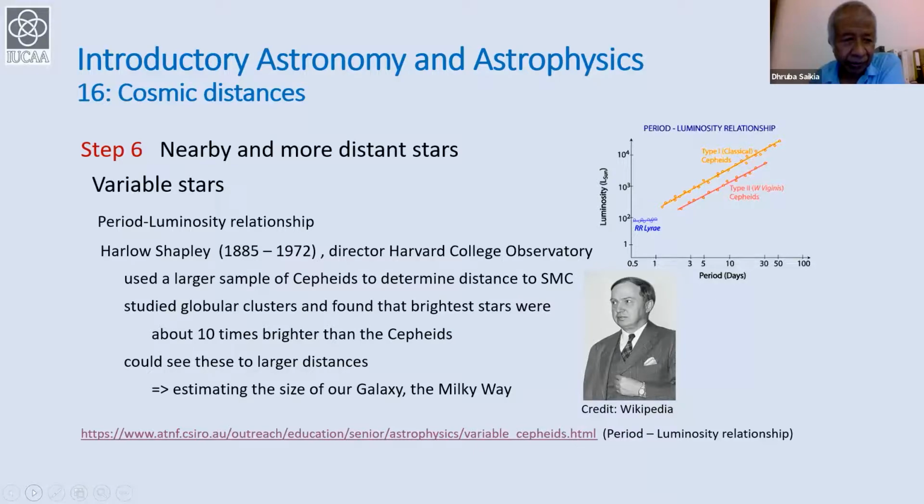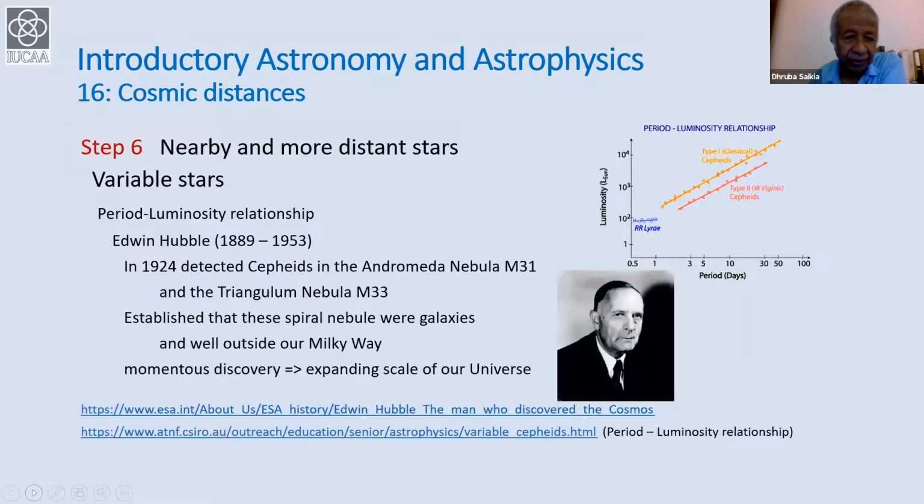And so the discovery of the period luminosity relationship by Henrietta Leavitt heralded a very important step in our distance measurements of the universe. Edwin Hubble, whom we have met earlier, Hubble's expansion of the universe, the Hubble-Lemaître law, he identified Cepheids in the Andromeda Nebula and the Triangulum Nebula.